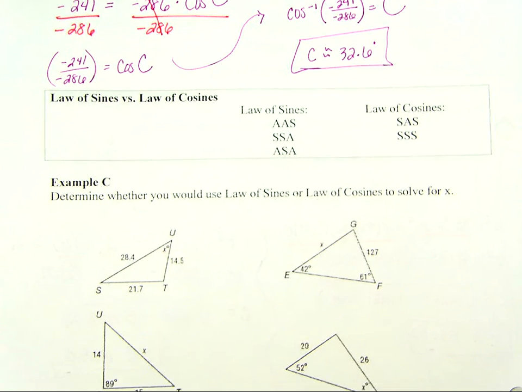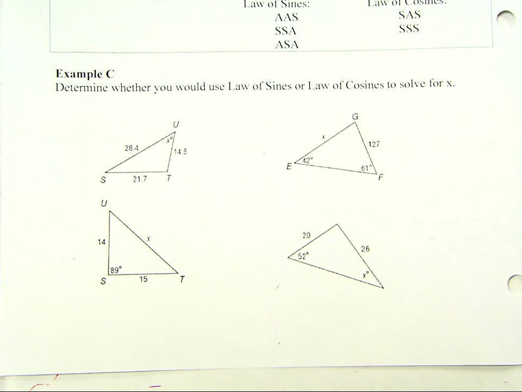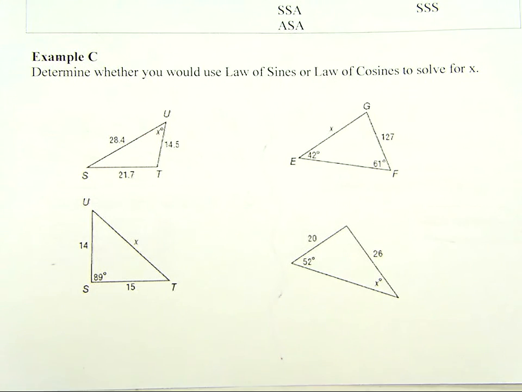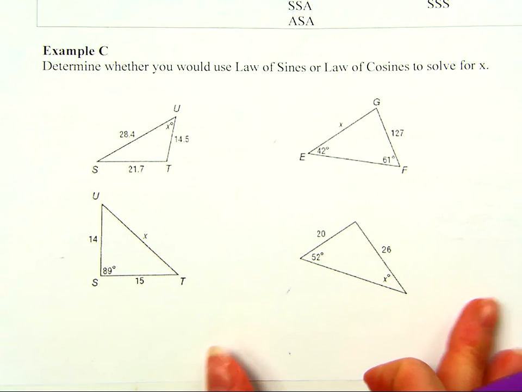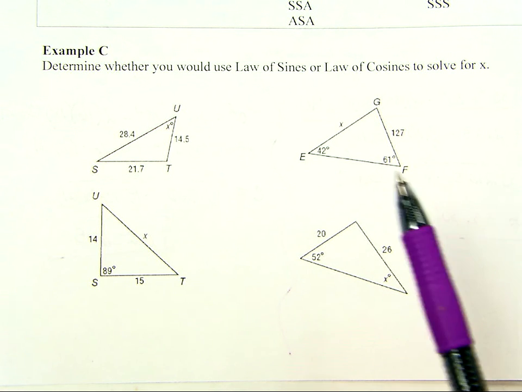So I'm going to expect that you are able to tell which one you would use to solve for your missing information. For example, if you look down below at the first triangle and I was solving for x, typically people like to use the law of sines because it's pretty short and sweet.